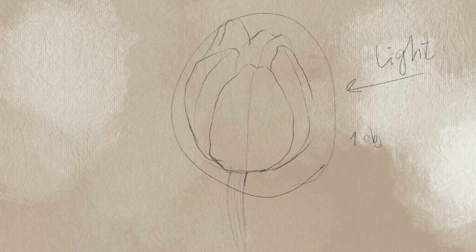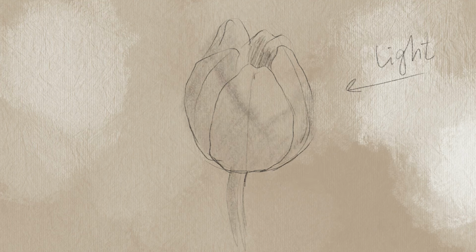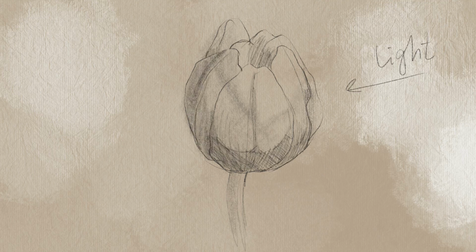Don't forget that most of the petals have different positioning, so they will also have different kind of angles of light, if you will. You can also make the lines a little more transparent and gentle where the light hits, and make them a little thicker on the shadow side. That will also help to create a 3D effect.